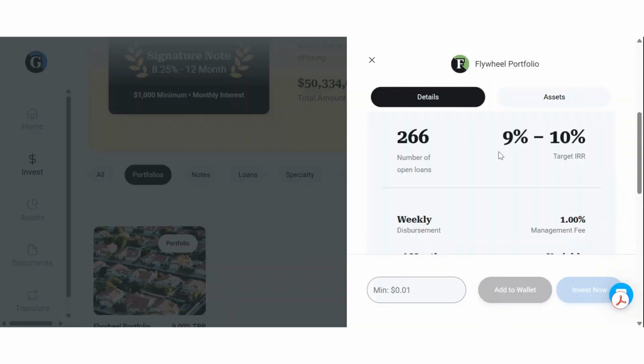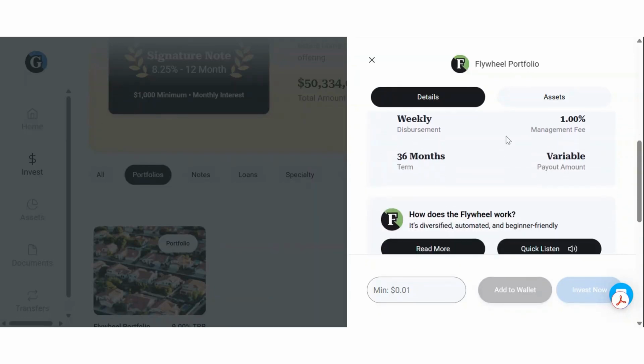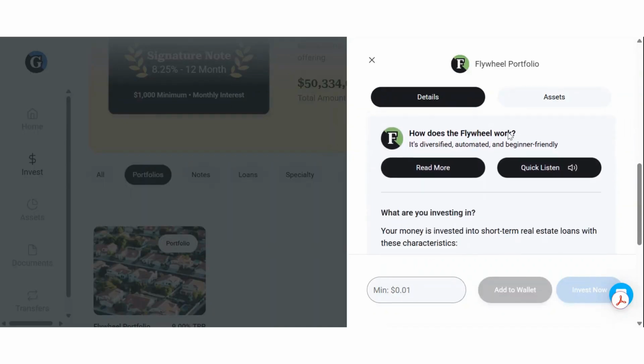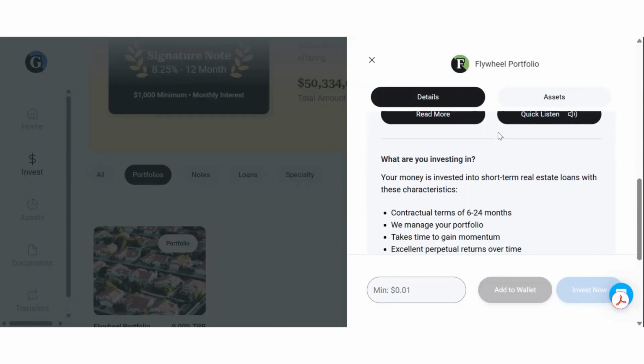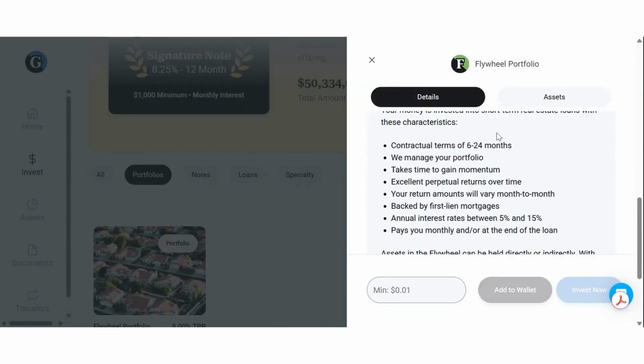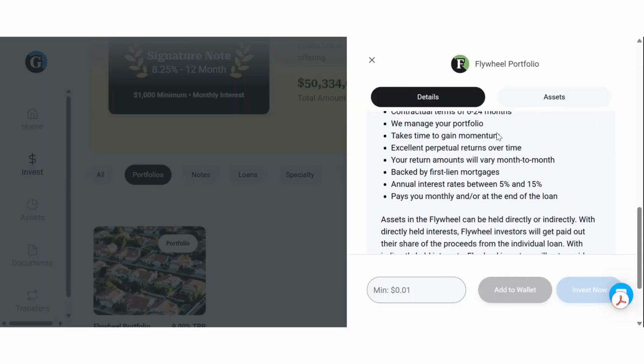Again, it has a target expected rate of return where, if you invested for a year, you should anticipate receiving somewhere between a 9 and 10% return, which is slightly better than the notes. So basically, it's an easier way to invest in all these things, with a slightly better return. If you wanted to see how it works, there's more details on how they do it, but essentially, it says right here, they're managing this portfolio.